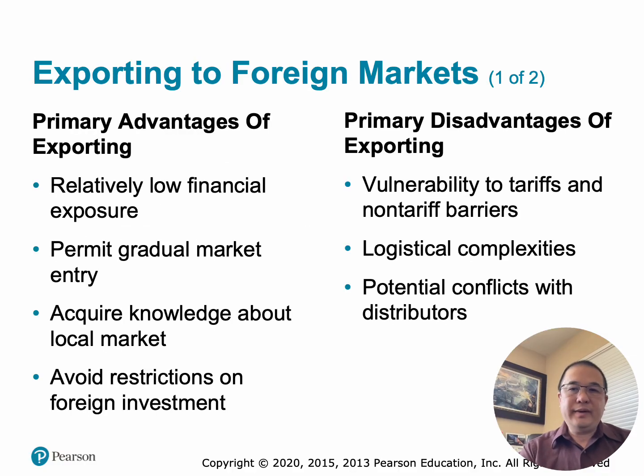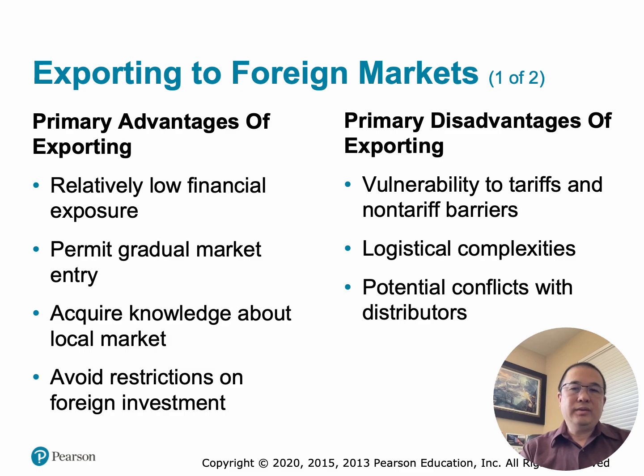This slide explains the advantages and disadvantages of exporting, which is often the first and simplest way for companies to enter international markets. Exporting means producing goods or services in one country and selling them to customers in another country. The advantages of exporting.